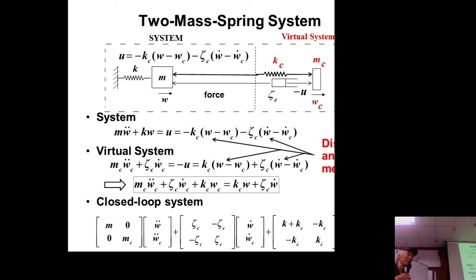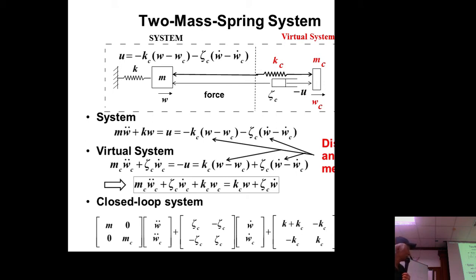If you want to mimic a system, you cannot move the device from this one to that one and use the same equations of motion. When you move the device from one side to another, you have to be careful. Because when you compute this U, I need not only W, I also need W dot.